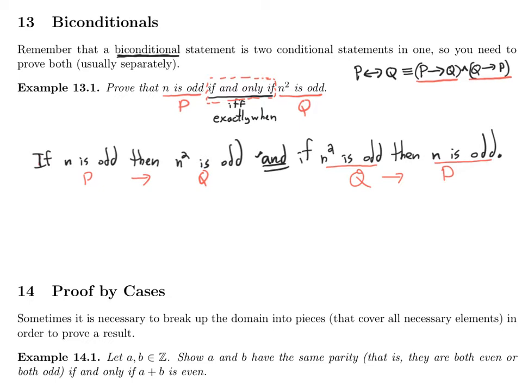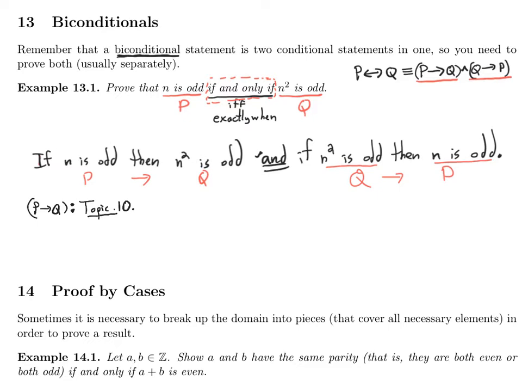Okay, now that you're back, we've seen the first part, the P implies Q part. We've seen that before. In fact, we've seen it a couple of times, but this is an example from topic 10, when we did some direct proofs. There's an example that is literally this example.